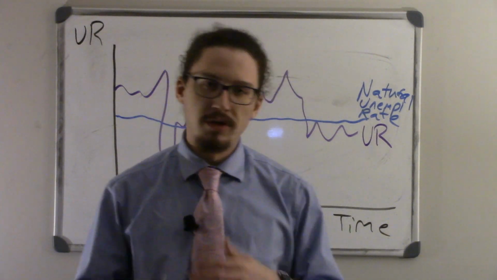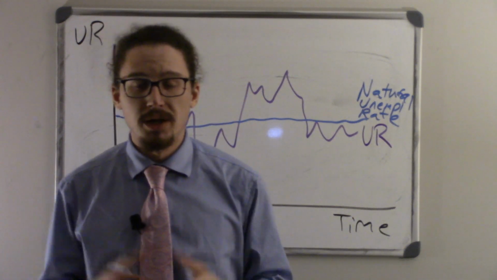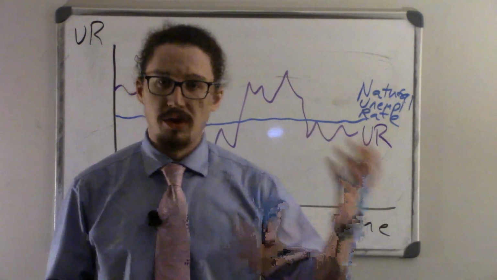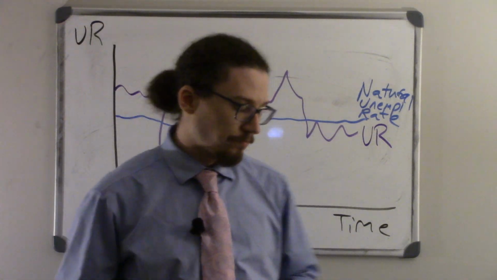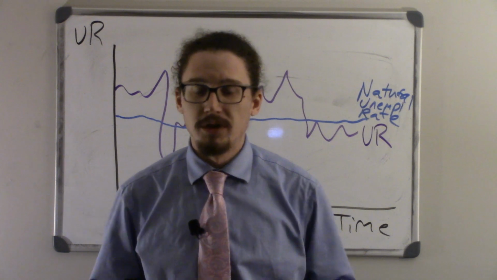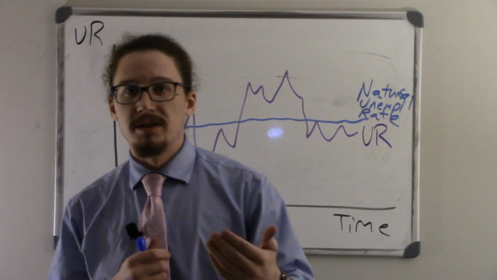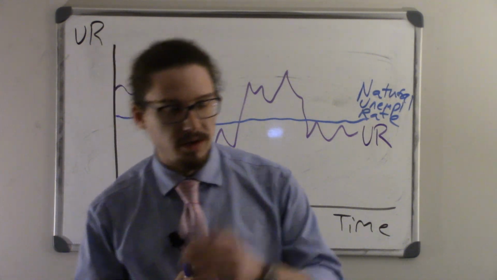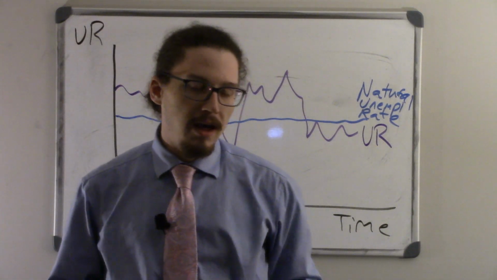Changes in how well the economy is doing aren't going to have a huge effect on the rates of frictional or structural unemployment. That has nothing to do with the friction between employee and employer. You're going to have roughly the same amount of that in an economic downturn as you would in an economic boom.